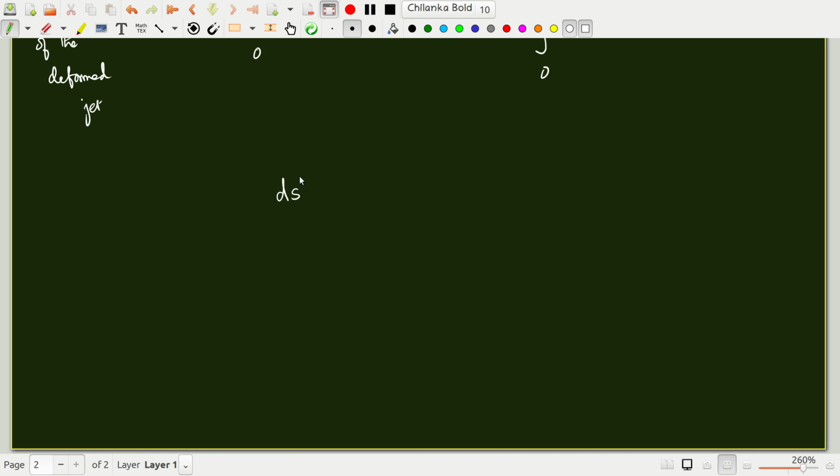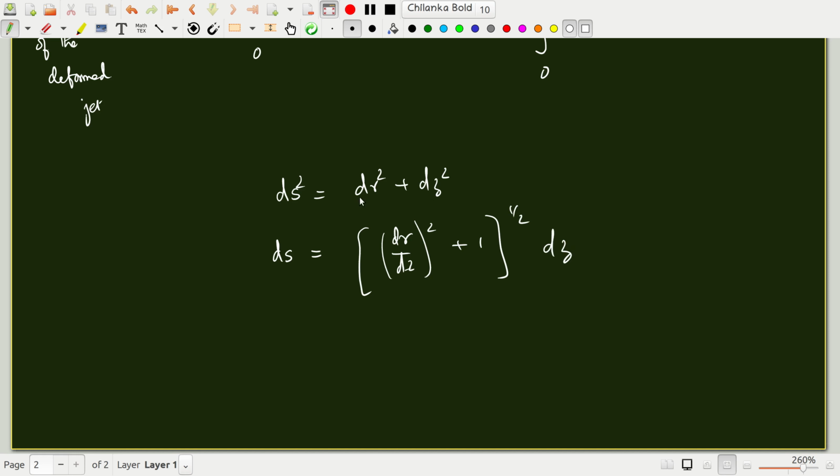Now I can also rewrite this as ds equals dr by dz the whole squared plus 1 to the half times dz. I'm dividing the whole thing by dz and multiplying by dz, right, and that's what leads to this.